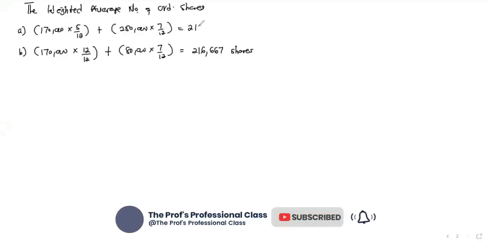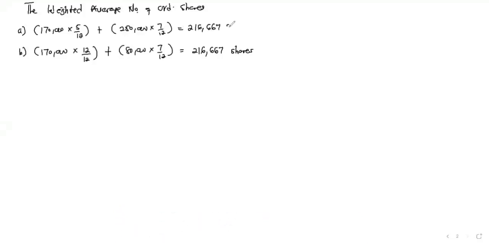Does it give you the same answer? It does, 216,667. Okay, so that is how to get a weighted average number of shares.